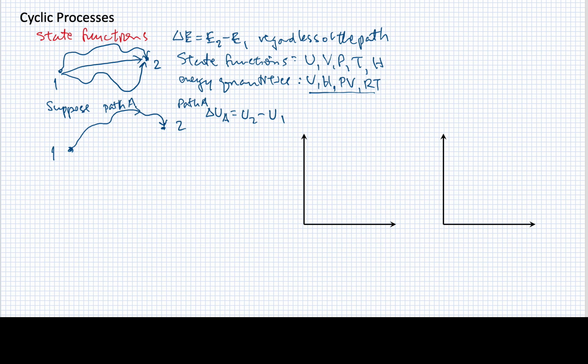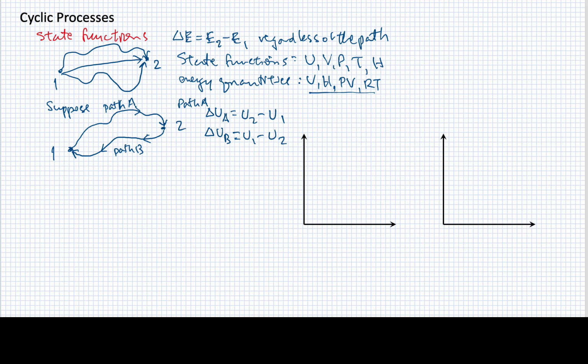Now let's suppose that I follow a path B that goes from point 2 to point 1. So maybe it goes something like that. This is path B. So it's moving along like this. If I look at the internal energy for path B, that one's going to be expressed as U1 minus U2.